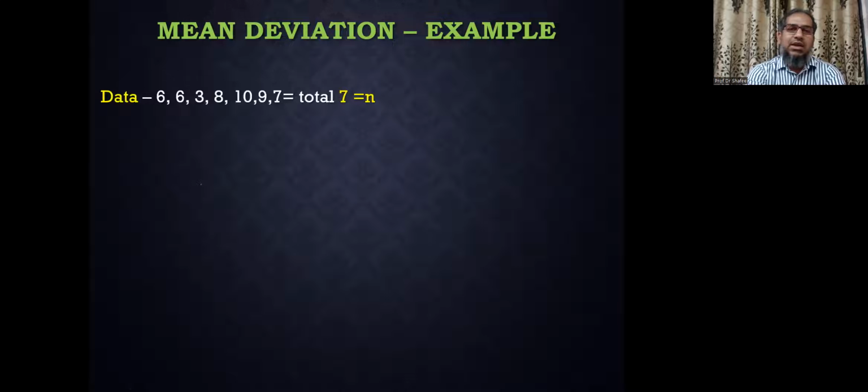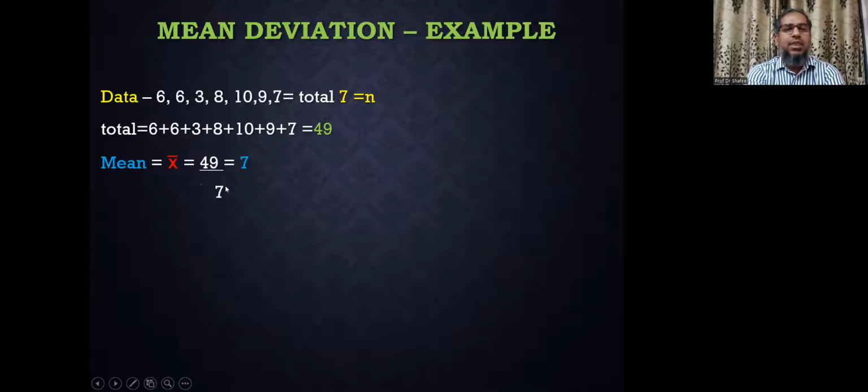Now we will see how to calculate the mean deviation. They will ask you to calculate the mean deviation and standard deviation for the given data. What data is given? They have given 7 observations: 6, 6, 3, 8, 10, 9, 7. So the total number of observations is 7, and if you add all of these, it becomes 49.